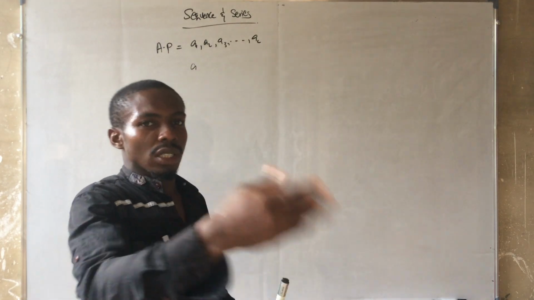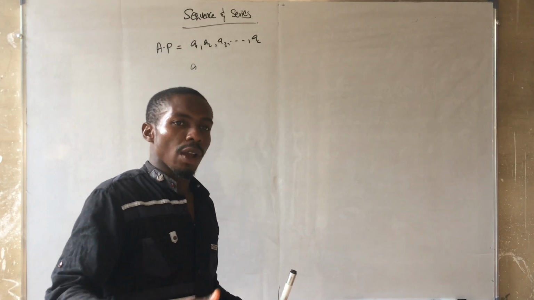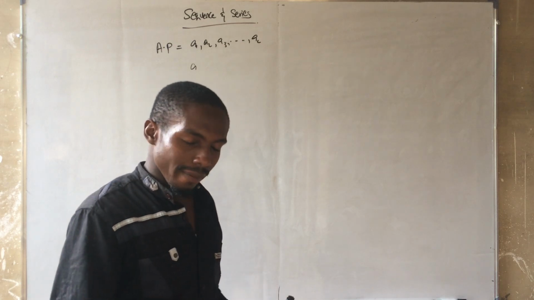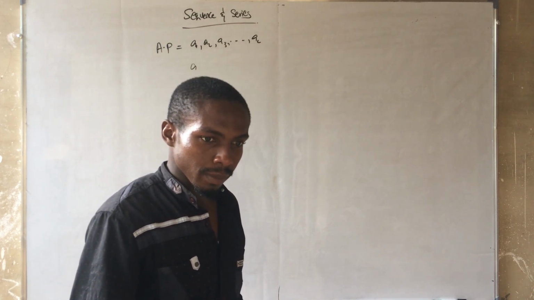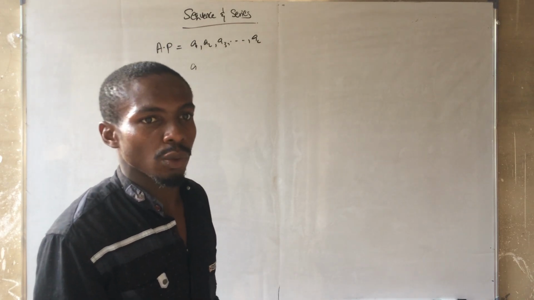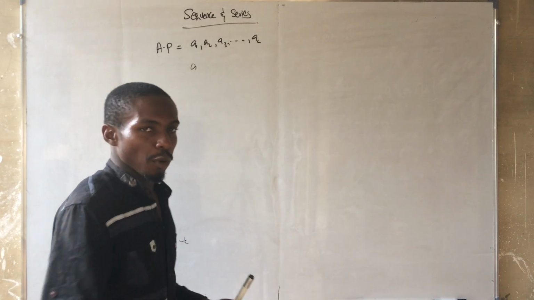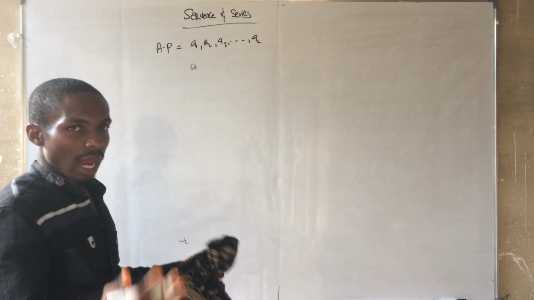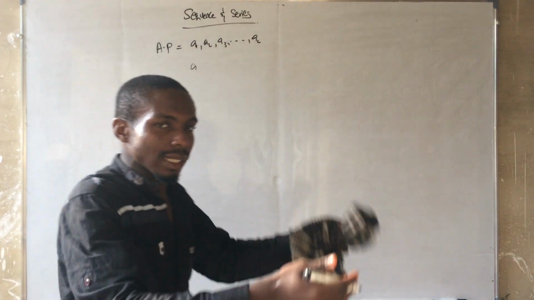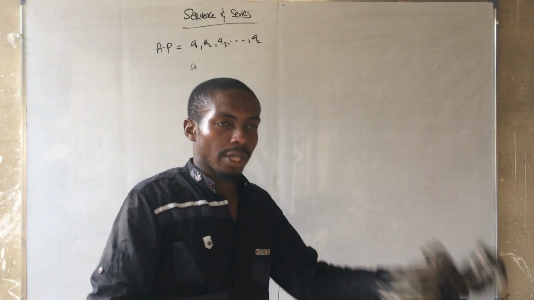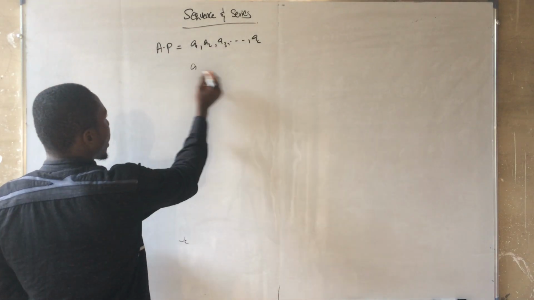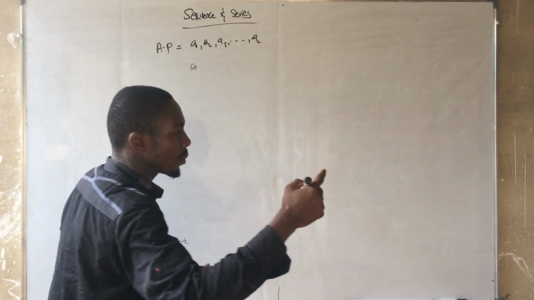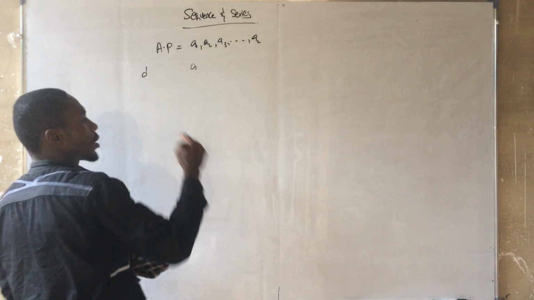But what if we have a case where the sequence follows a fixed pattern? We now saw arithmetic progression and geometric progression. Arithmetic progression has a common difference: if you add it to the previous term, you get the next term. Let's call that number D, the common difference.